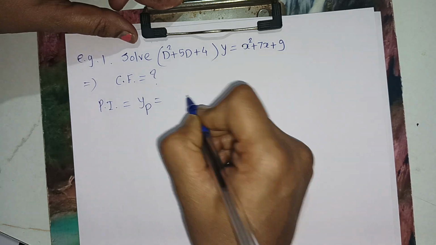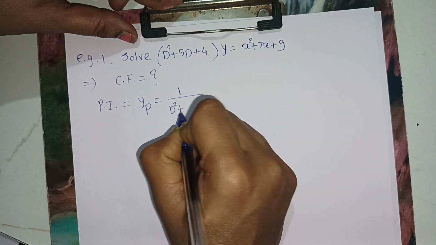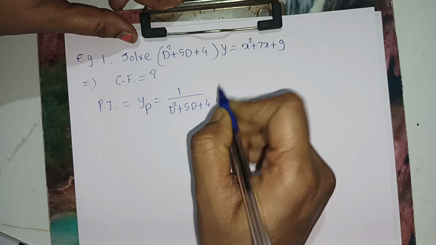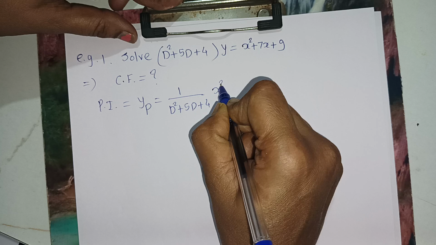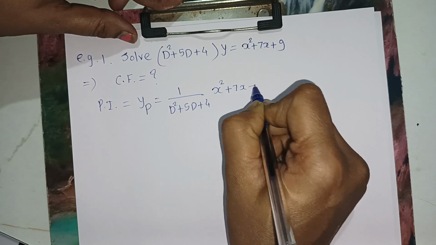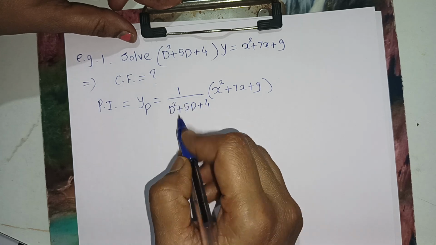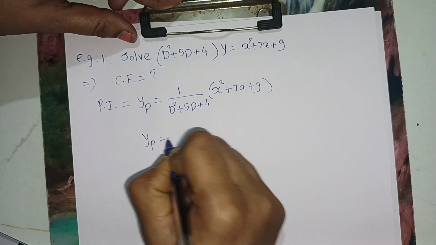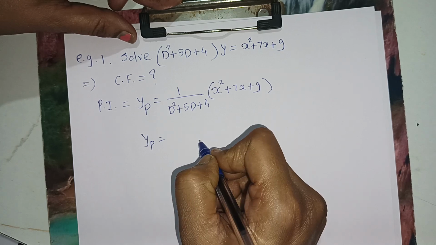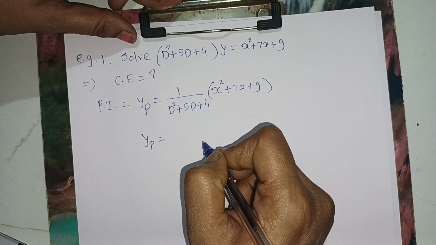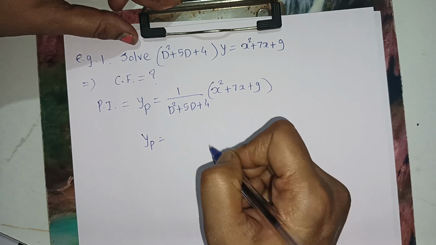Now to find PI, yp is equal to 1 upon phi of d. In this case phi of d is d square plus 5d plus 4, operating on the right hand side function, which is a quadratic polynomial. Now you have to rewrite this denominator phi of d as 1 plus some constant free function of d, or 1 minus some constant free function of d.